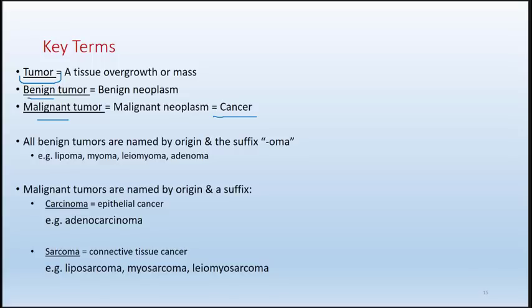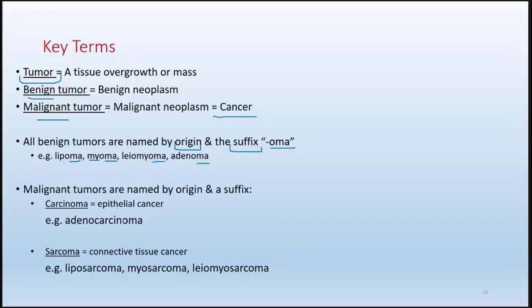All benign tumors are going to be named according to the origin of that benign tumor, and it's going to have the suffix "oma." And so you can see "oma" written here. And so here are some examples. Lipoma is a fatty tumor. A myoma, this refers to muscle.